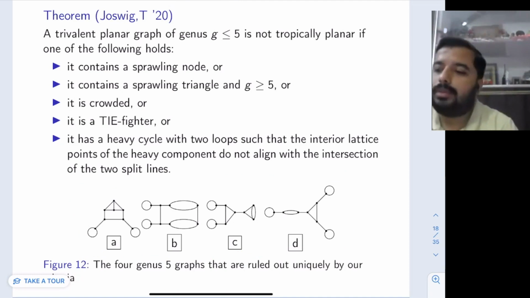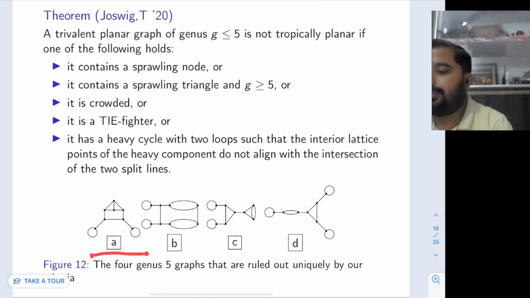But with our work, we were able to provide a complete list of criteria such that if you look at the 71 graphs that are possible for this genus 5, you can classify all of them and rule out all of them with the list of criteria that you already have, meaning either a sprawling node, a sprawling triangle, crowded and TIE fighter were already known, and the heavy cycle with 2 loops result also rules out these 4 graphs.